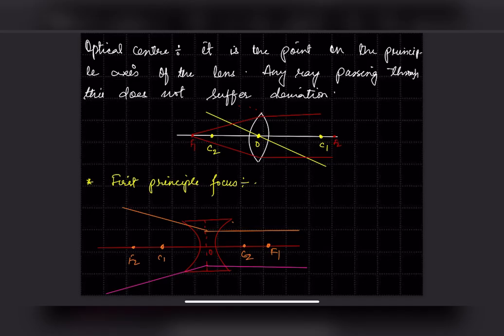So if I need to write the definition, then I can write down the definition of first principal focus: it is a point on the principal axis.